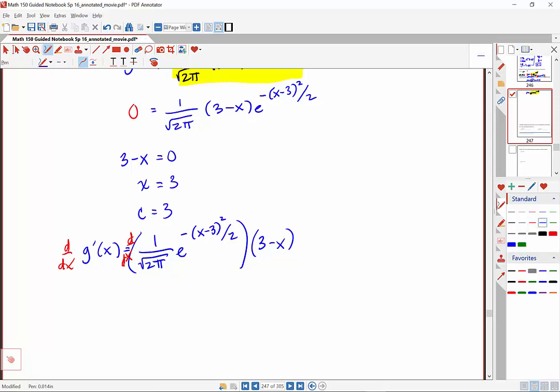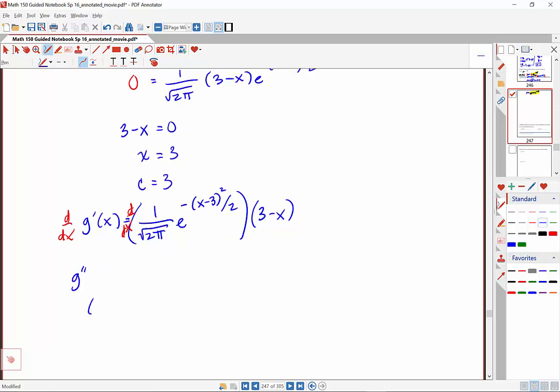We'll have g double prime at x is equal to, we're going to have this product. So we'll have d dx of all of this, 1 over root 2 pi times e to the negative x minus 3 quantity squared over 2.